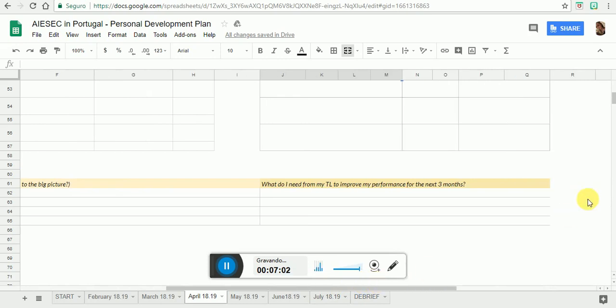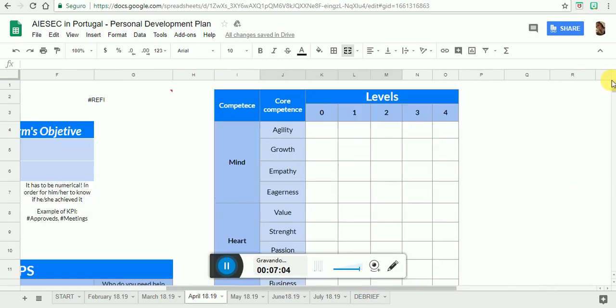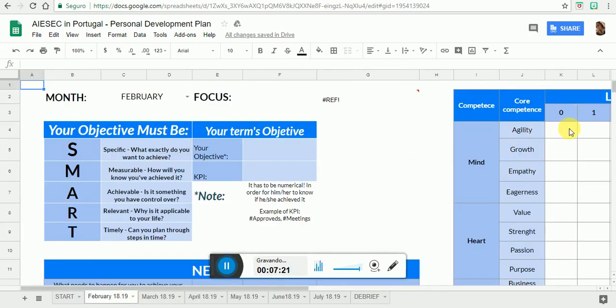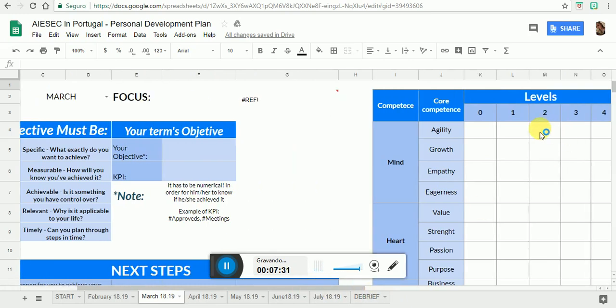And also here you can see the competence model. In the competence model, you have to see which level your member is at and what we can do to improve this. You can see by the months, if the member starts with 0 on agility, and then in March comes to level 2, so there is an improvement. So how can we improve the other parts too?